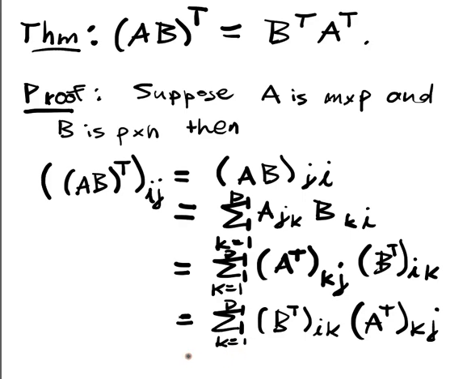And if I sum all those up, well, this looks exactly like B transpose A transpose ij. Right, that's exactly what that sum is. And so I've verified that any entry of this guy is the same as the entry of this guy. Right, so the ijth entry of AB transpose is equal to the ijth entry of B transpose A transpose, and so this fact is true.